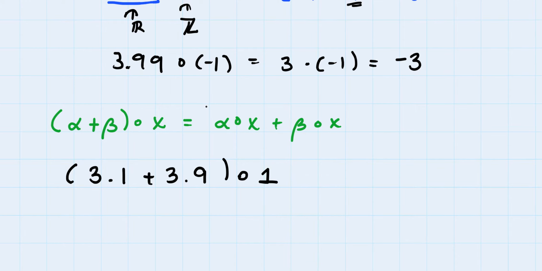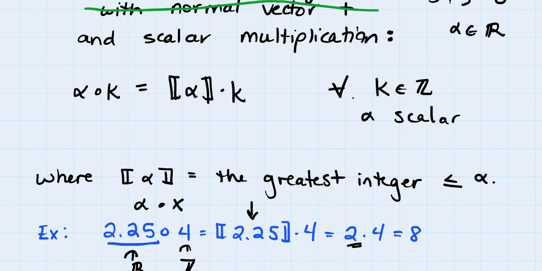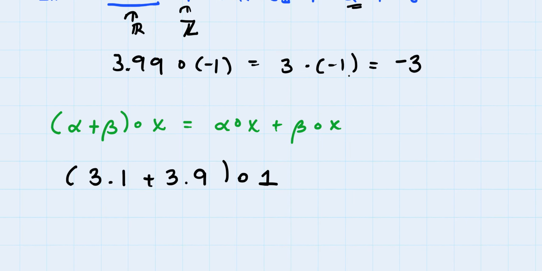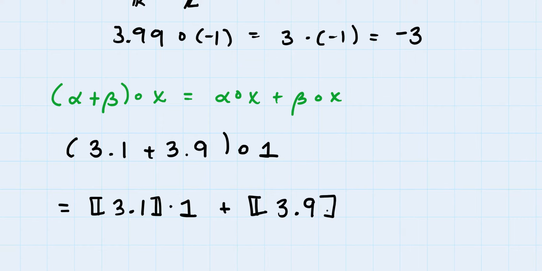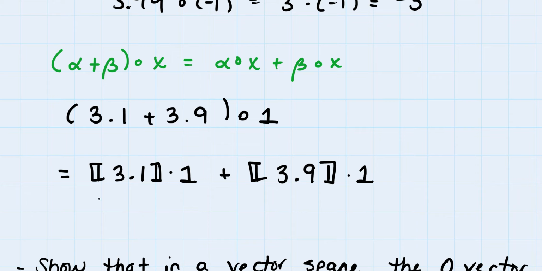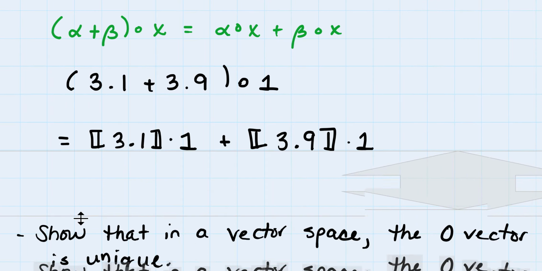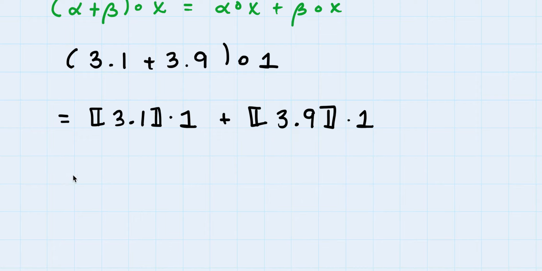Okay, let's use our definition of scalar multiplication. Well, this is equal to 3.1 times 1, where we take the greatest integer here, plus 3.9 times 1, this is equal to 3 times 1 plus 3 times 1, which is 6.